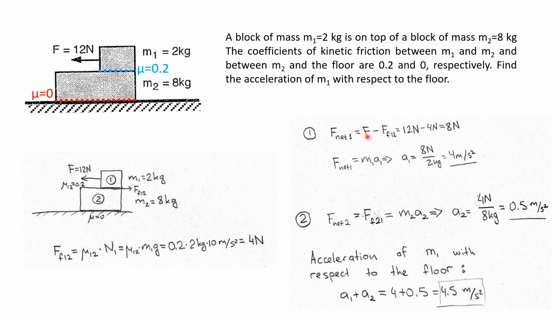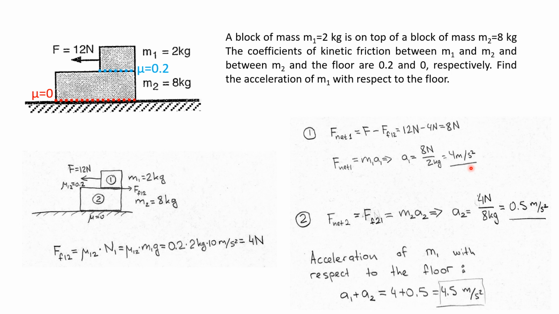So the net force is F minus the friction force, which is 12 newtons minus 4 newtons, comes out to be 8 newtons. Now, the net force on block 1 is equal to its mass times acceleration, according to Newton's second law. If we calculate the acceleration here, we just divide 8 newtons by the mass of the block, and it comes out to be 4 meters per second squared.